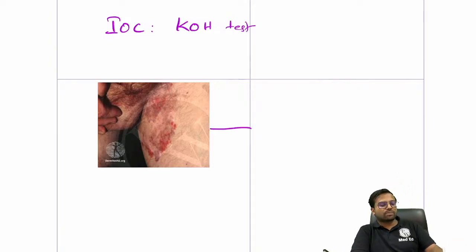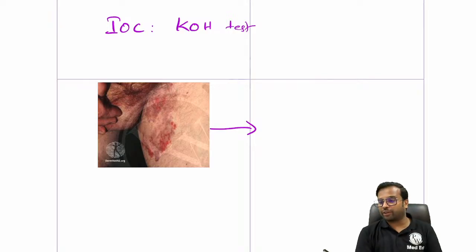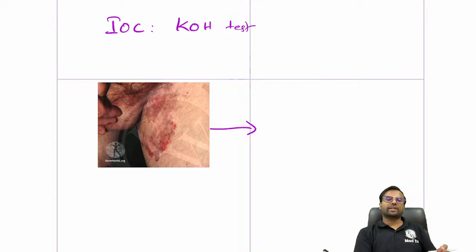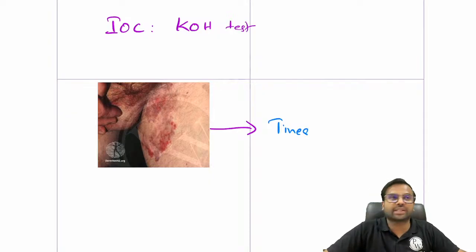Now, if this is meant to be a fungal infection, what is the name of this fungal infection? What is this tinea? Is it tinea versicolor? Is it tinea manuum? Is it tinea pedis? Javier says Dhobi itch.